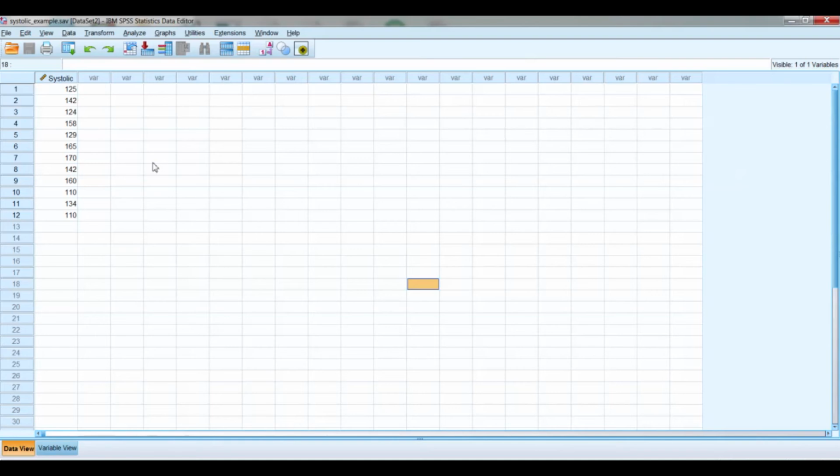SPSS actually refers to that as a test value, and we're going to see in a second how that works. In our example, we have a small sample, just 12 cases, but let's pretend it was a lot more.